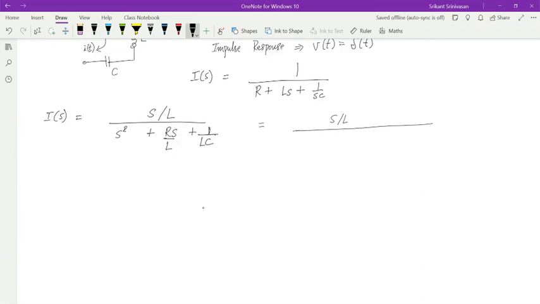So I would say that the roots are equal to what? S, the roots are minus b, that is minus R by L, plus or minus root of b square, R square by L square minus 4ac. A is 1. Okay, so these are the roots of the equation.